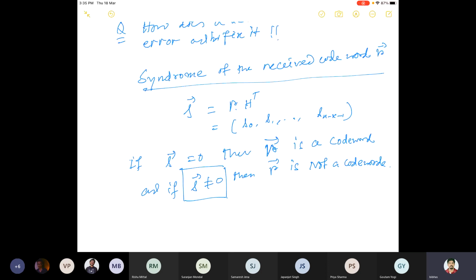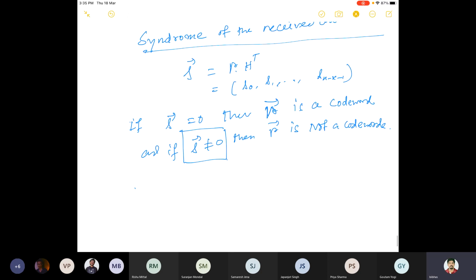But S equal to 0 does not mean that it is the right code word, because S equal to 0 means R is a code word, but whether R is equal to V or not, the decoder does not know. So if S is not equal to 0, then the error is detected.